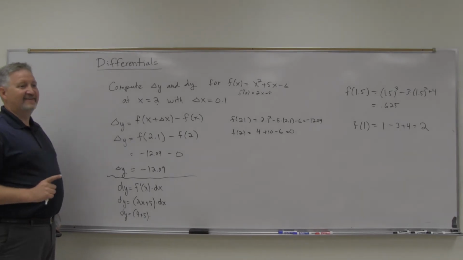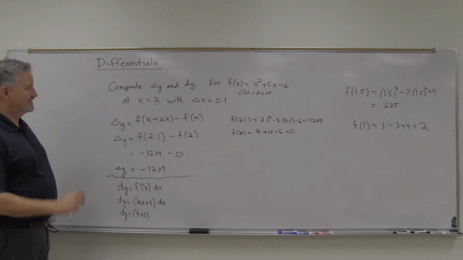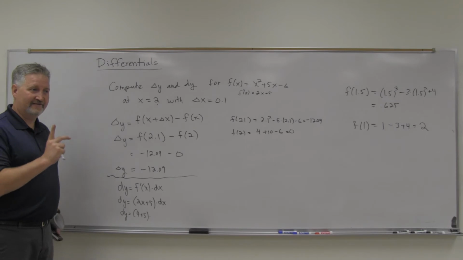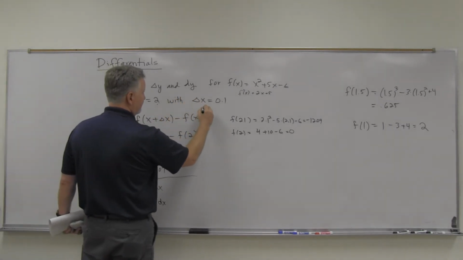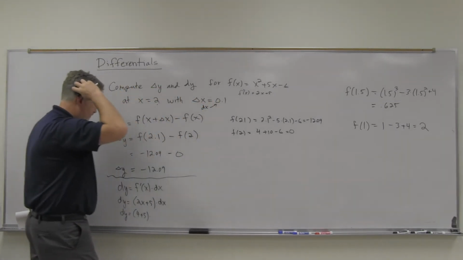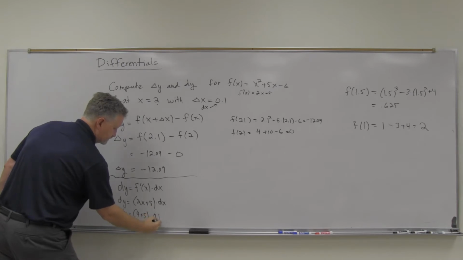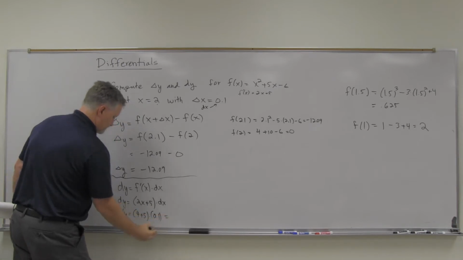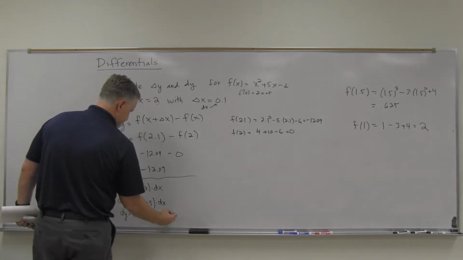But good news is dx is the same as delta x. So if delta x is 0.1, then dx is also 0.1. That's going to be 0.9.